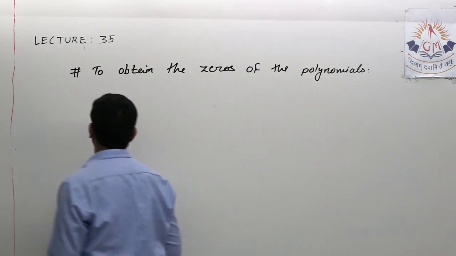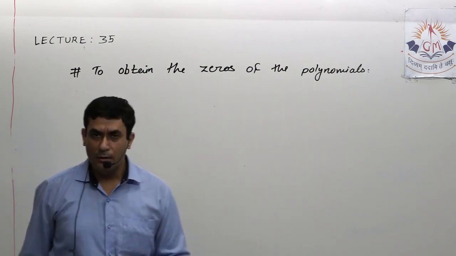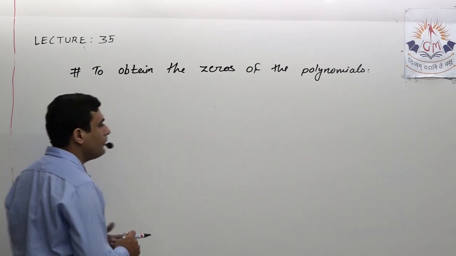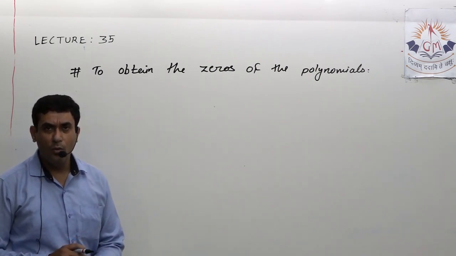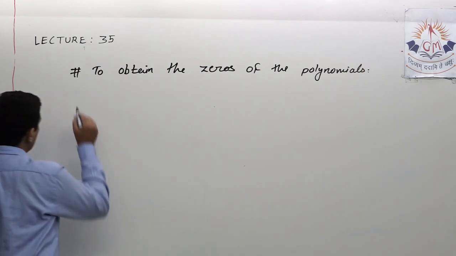So how to obtain the zeros of the polynomials? Very first step, equate the given polynomial with 0 and find the value of the variable. We will see with the help of a question.